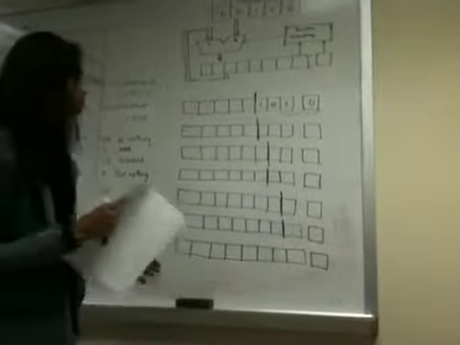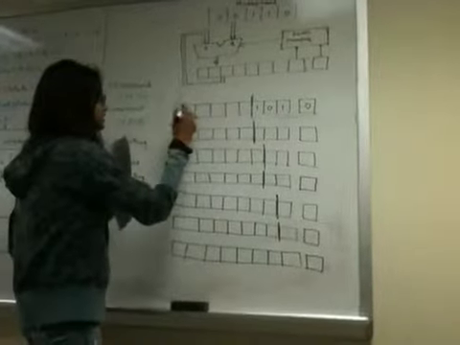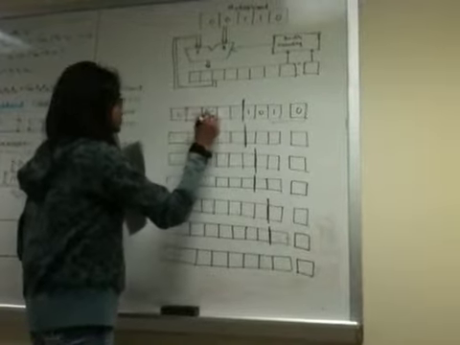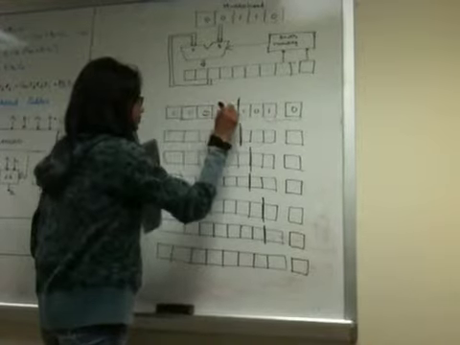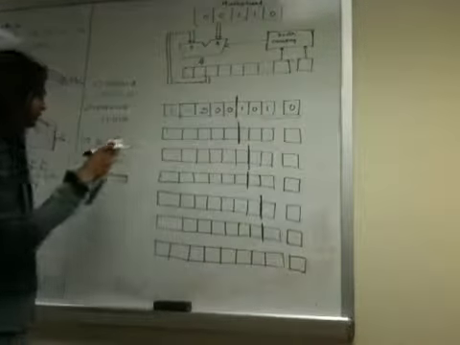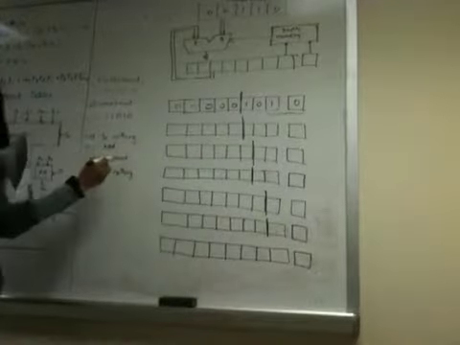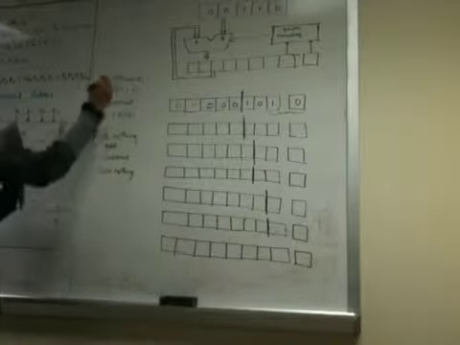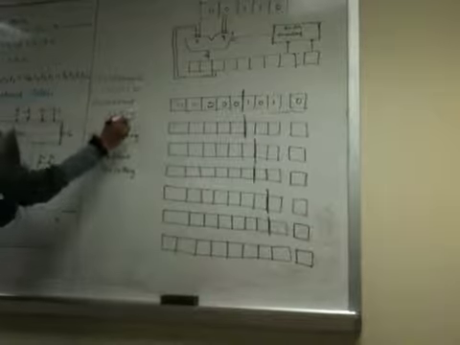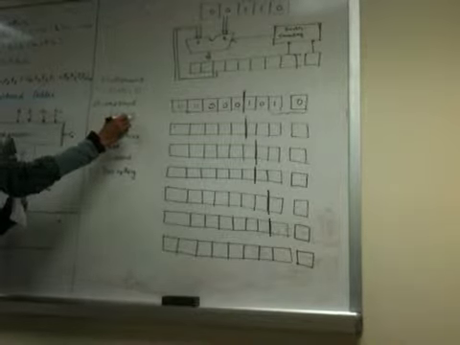Okay? So let's start. Initially I have 0, 0. First step, I see I have a 1, 0. 1, 0 means I need to subtract. For our convenience, I have written down the 2's complement out here.